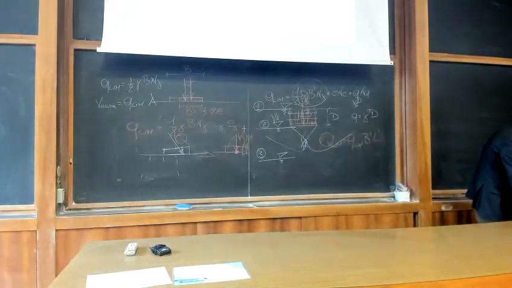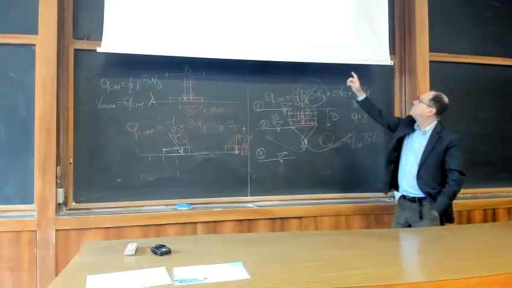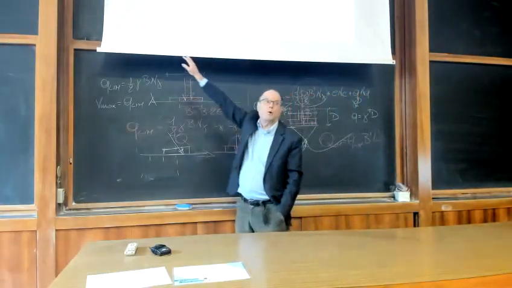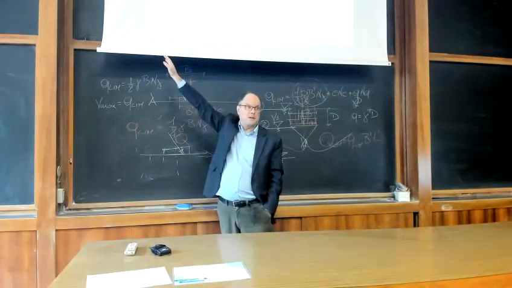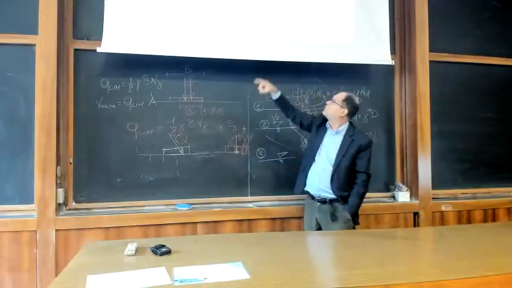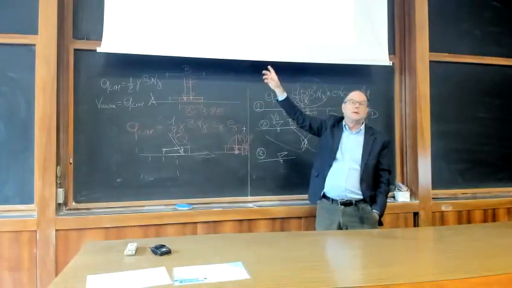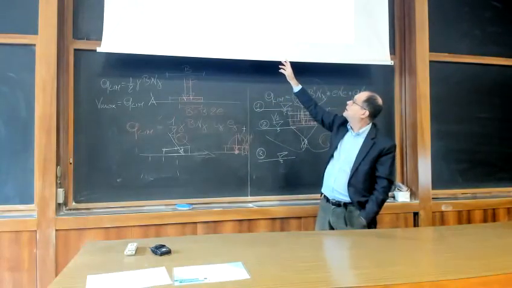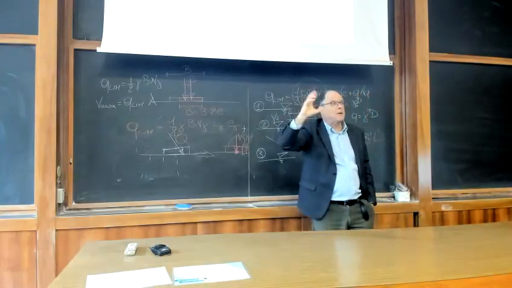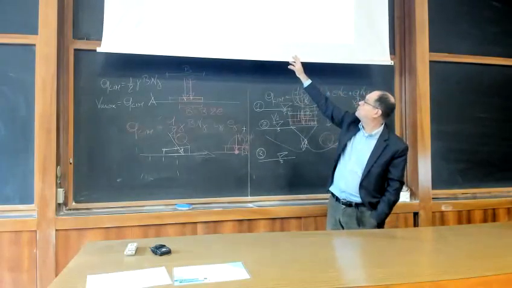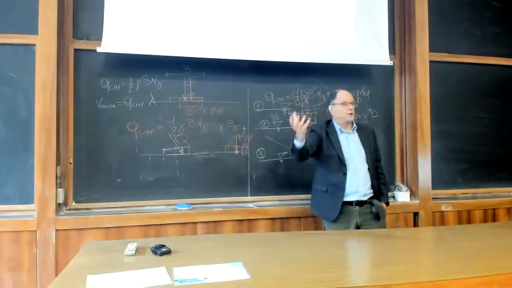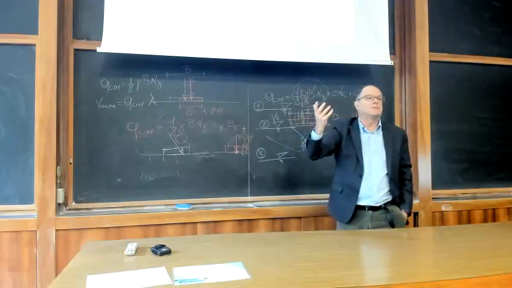And you end up with an interaction diagram in which you have the vertical load here and your moment divided by B. And then you have another sort of parabola which separates safe load combinations inside your curve from unsafe loading combinations outside the curve.